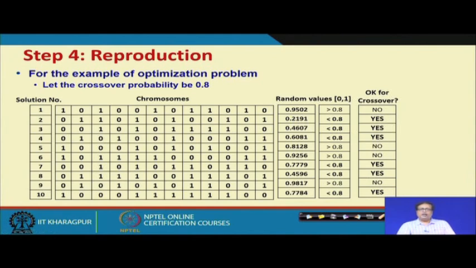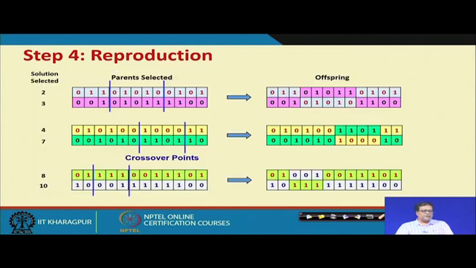So, based on the crossover probability we can choose which chromosomes will be selected for crossover and which will not. These are my original 10 chromosomes in the initial population. We have taken 10 random numbers, checked them against the crossover probability, and selected the strings either for crossover or not for crossover. So, that is the reproduction.